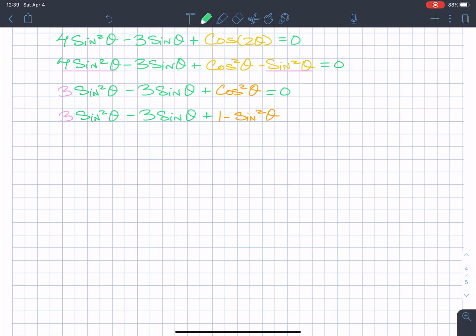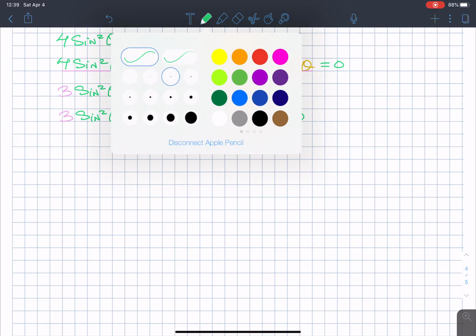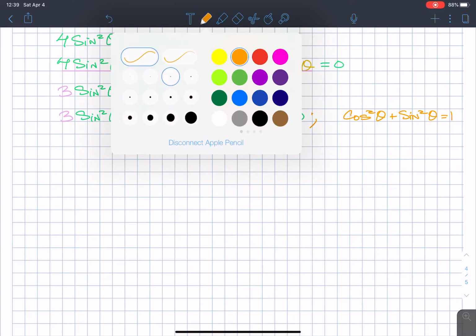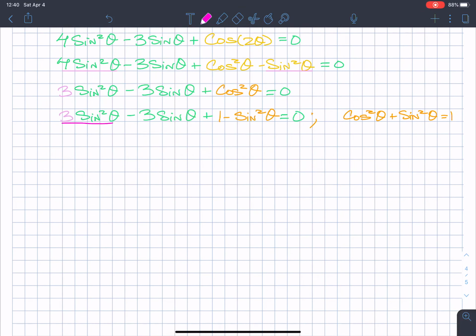Let me indicate where I'm getting that from: cosine squared theta plus sine squared theta is equal to 1, right? Hence, cosine squared theta is 1 minus sine squared theta. So now once again, I can combine like terms, leaving me with 2 sine squared thetas minus 3 sine thetas plus 1 is equal to 0.